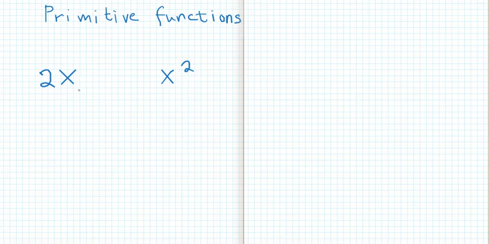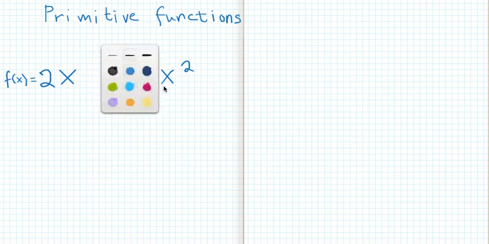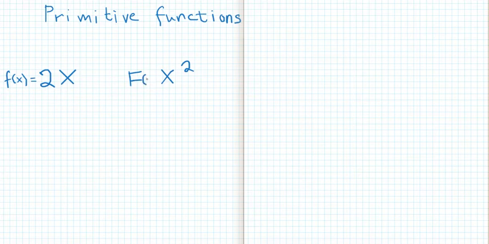If we say that this is the function f of x, we say that this is the primitive, or the primitive function. As you can see, we have a lowercase f for the function, and the primitive is with an uppercase.